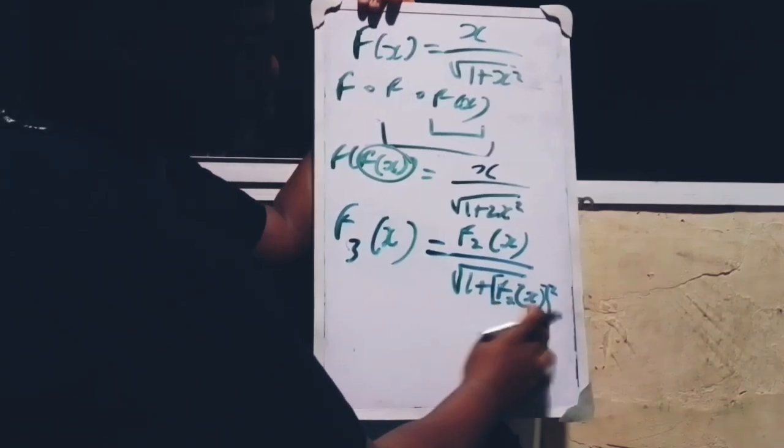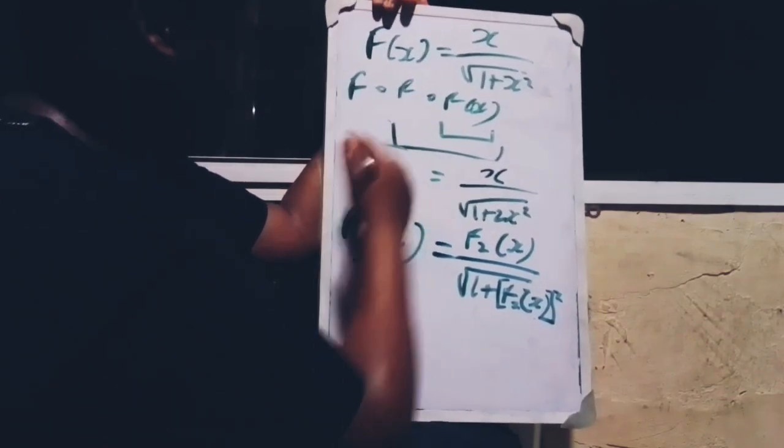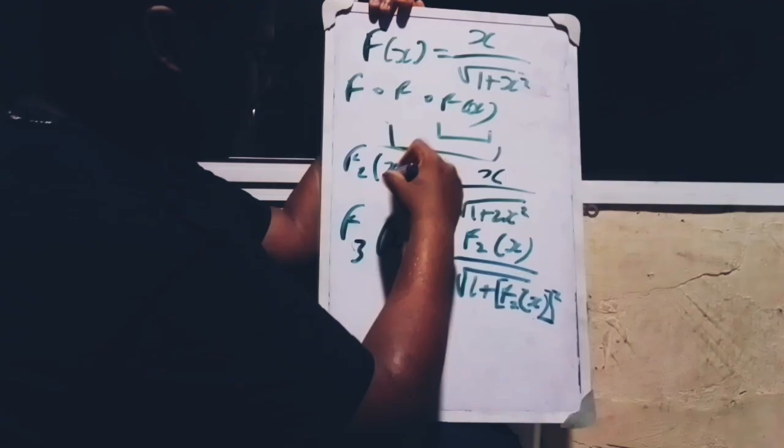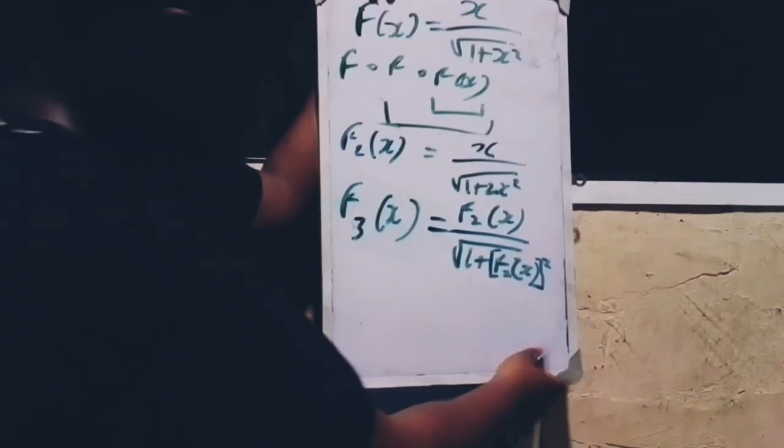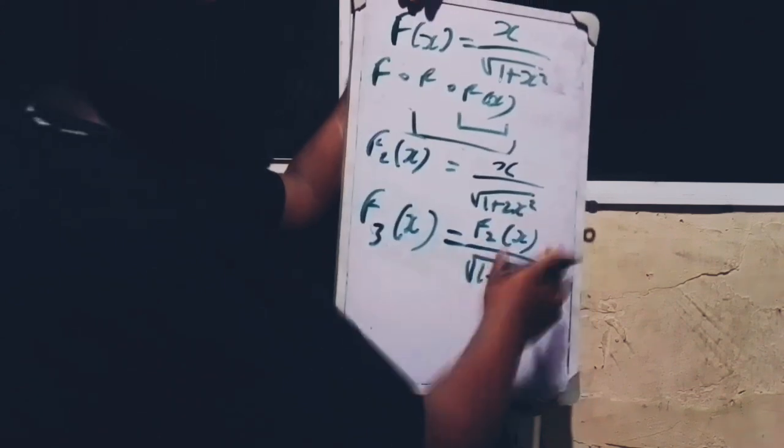Now what is f subscript 2 of x? That is the same as f of x. So f subscript 2 of x is going to equal x divided by the square root of 1 plus 2x squared. Okay, good. Let's simplify this now.